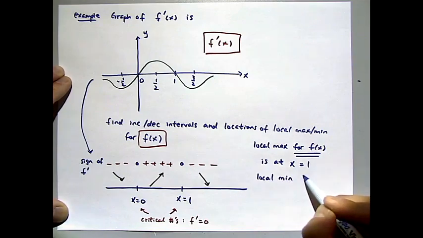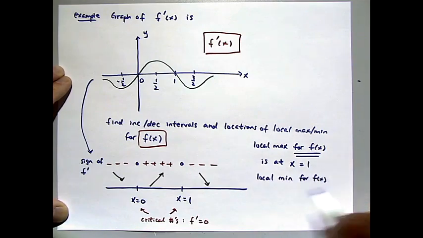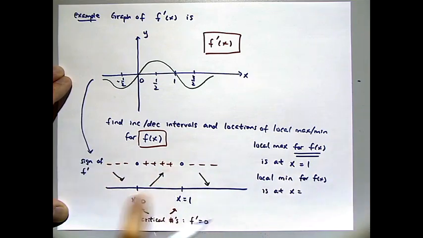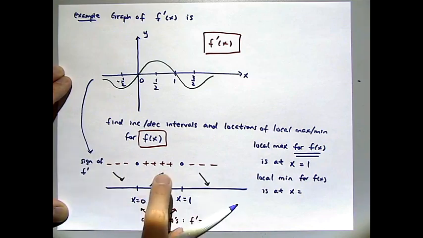And the local minimum for f of x is at x equal to 0, decreasing before, increasing after.